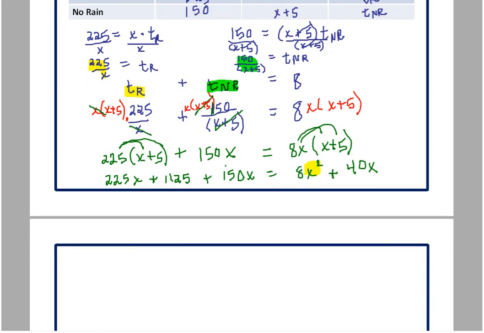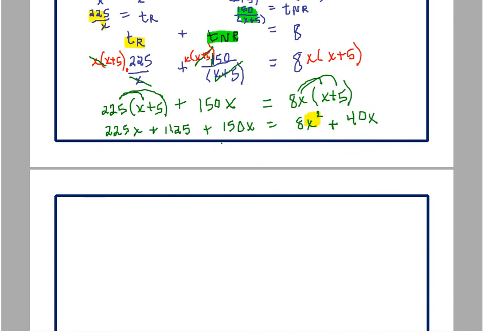So I'm going to subtract everything to the 8x squared side. I'm going to subtract and combine like terms the 225x and also the 150x.